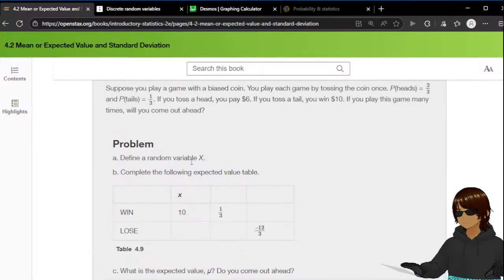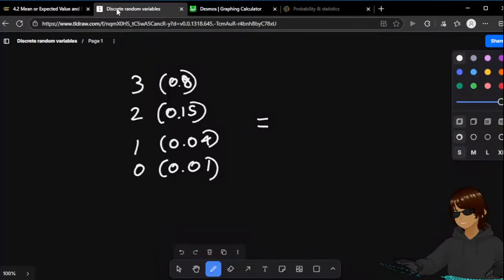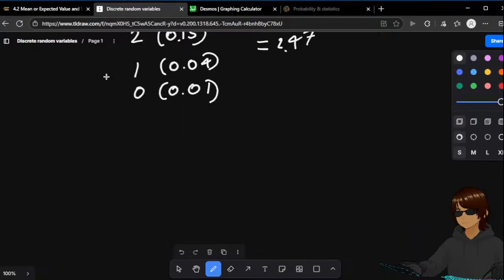Define a random variable x. So x is whether I get head or tail in one toss. If you play this game many times, in one toss, win, lose. So this is example 4.6.